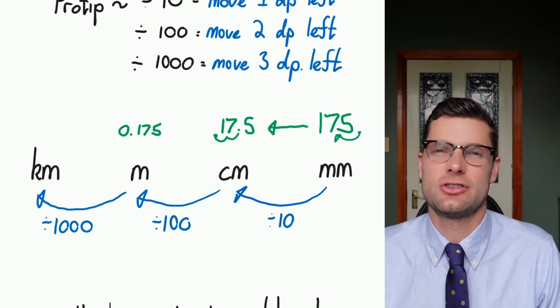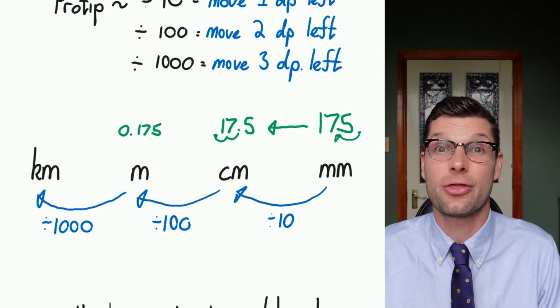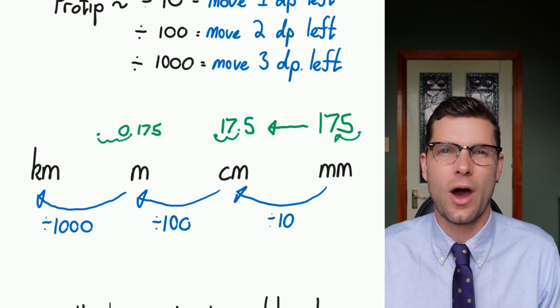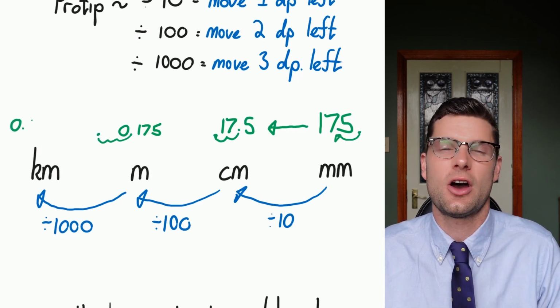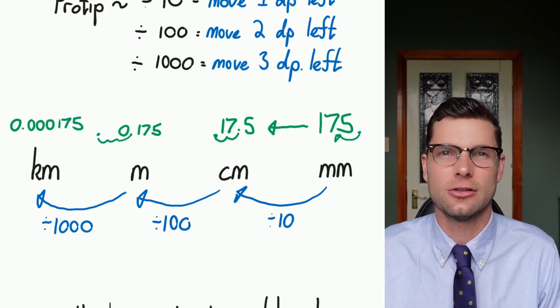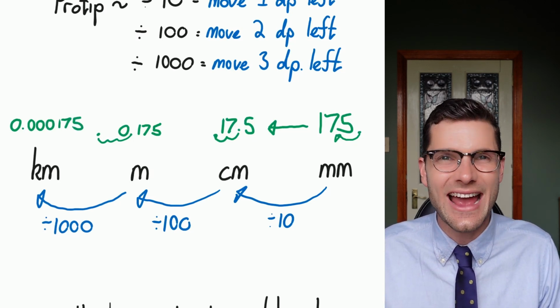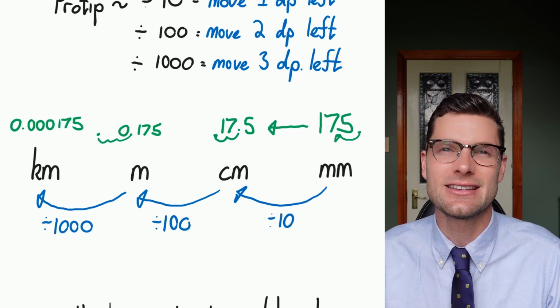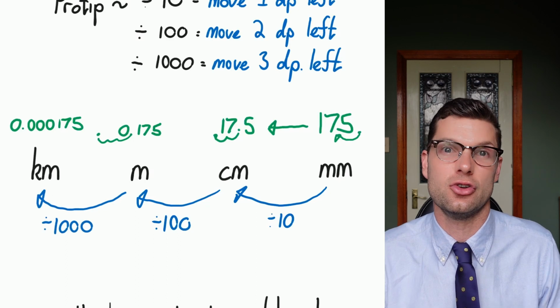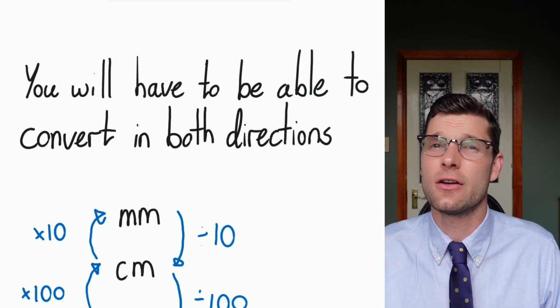Finally, if you did want to do this in kilometers, you would have to add 3 extra zeros in before that first one. So just moving it 3 times would give us the answer of 0.000175 kilometers. So these are all the exact same measurement. It's conveying the same idea, but it's just slightly harder to read if you get the units wrong. So it's really important we can convert both ways.